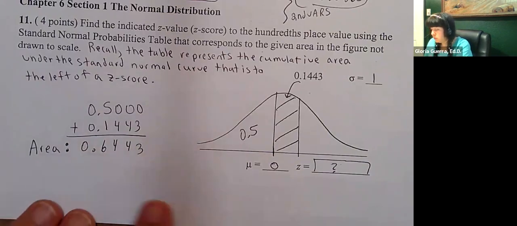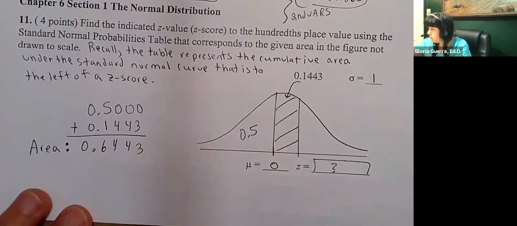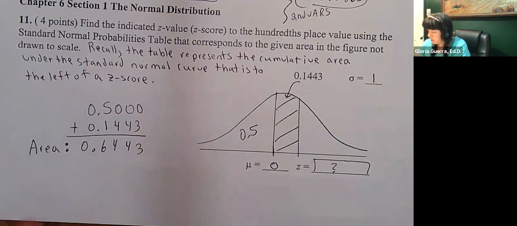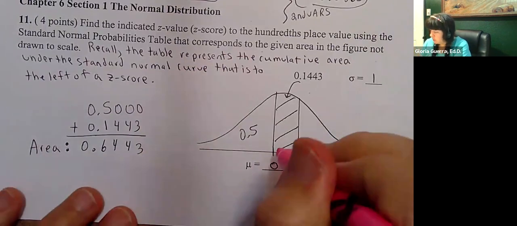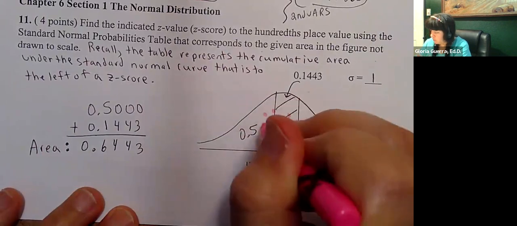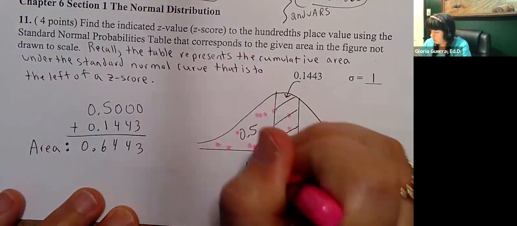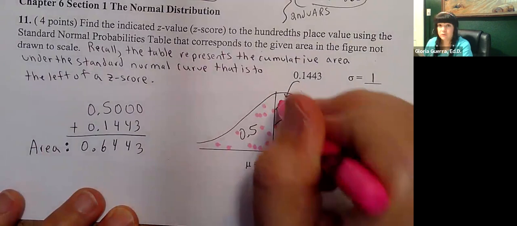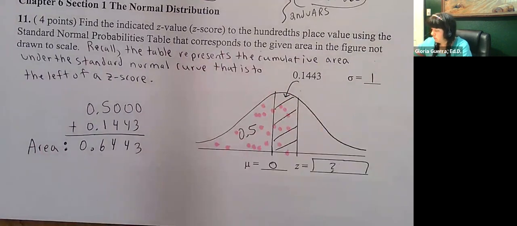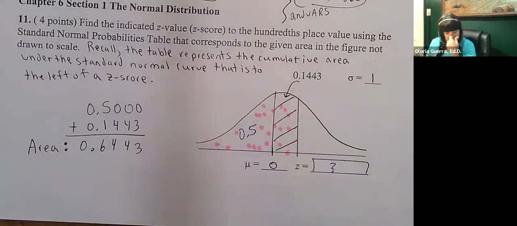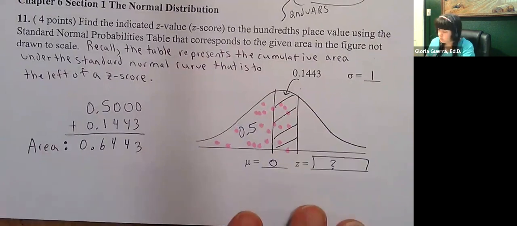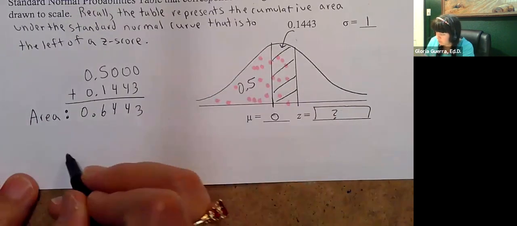And you're interested in that because you want the area to the left of the curve when you look things up on the table. So now you have this.